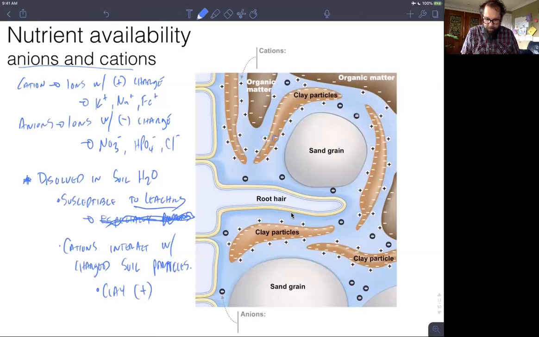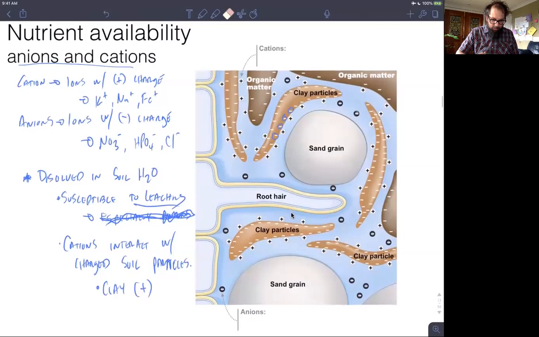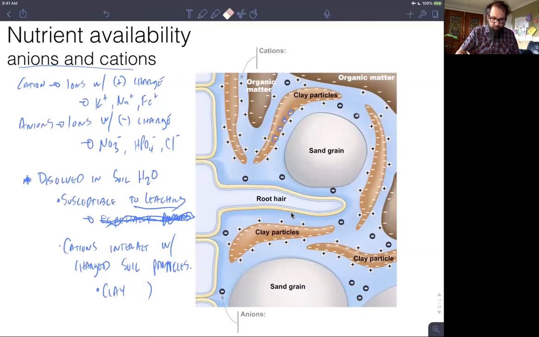Clay particles are negatively charged, and we see all of the negatively charged clay particles here. Those cations that are found in the soil are then oftentimes bound to those soil particles. So clay is negatively charged and will bind cations.